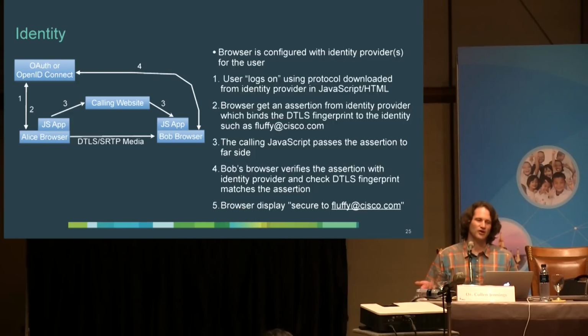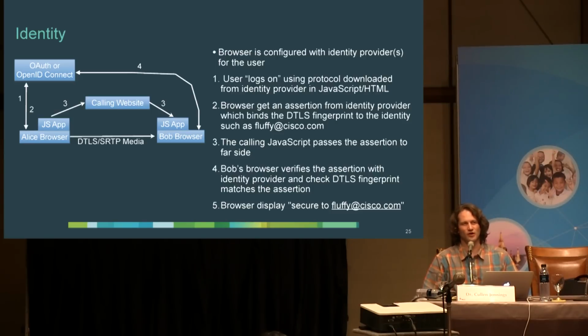And Bob can go and talk to that identity provider and verify that this assertion is a valid assertion from that identity provider, and then can check that the fingerprint that's being asserted actually matches up with the fingerprint that they're seeing in their DTLS-SRTP communication, and at that point has a reasonably good idea that you have a secure call to that identity provider.